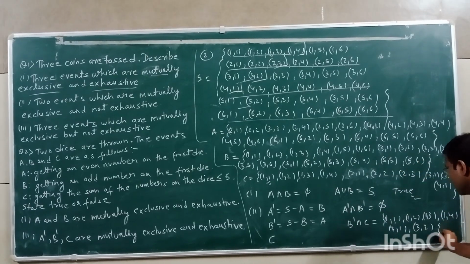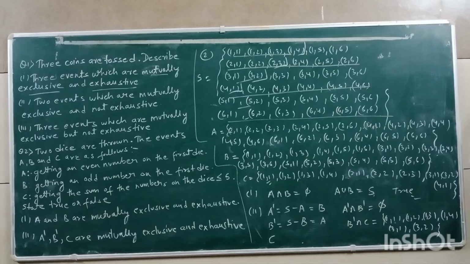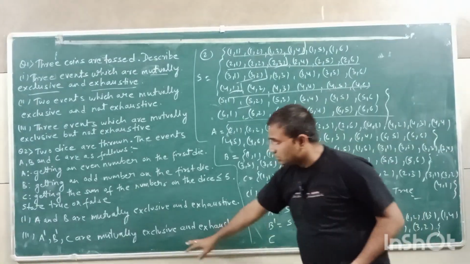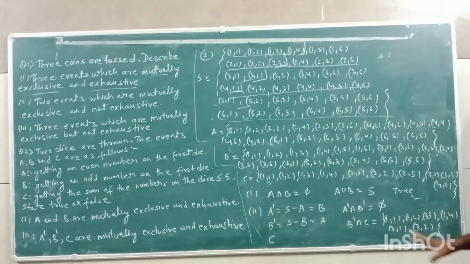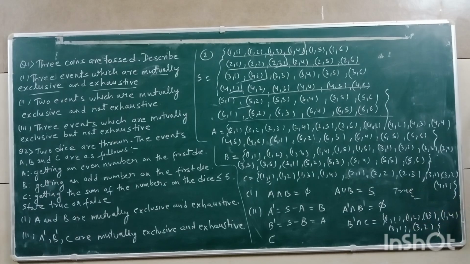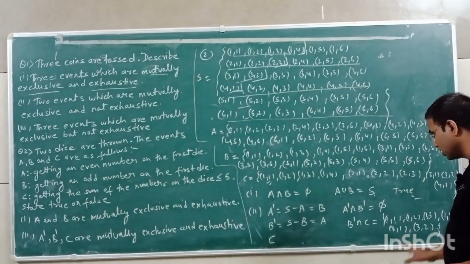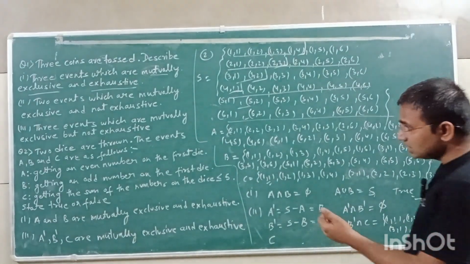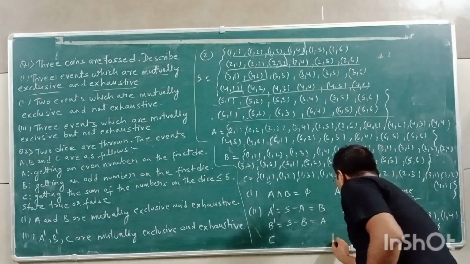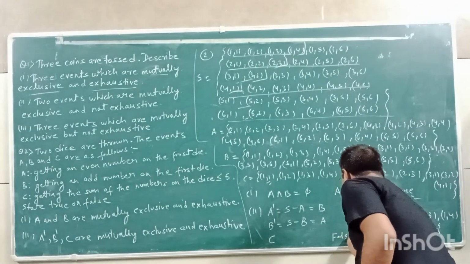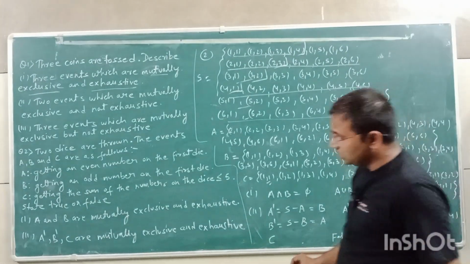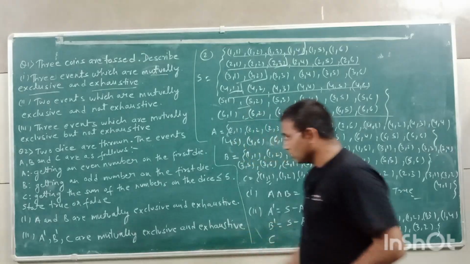So see here you are getting B complement intersection C. For mutually exclusive, the intersection between two events should be phi, but here phi is not coming, so this statement becomes false. Because this statement is saying they are mutually exclusive and exhaustive.